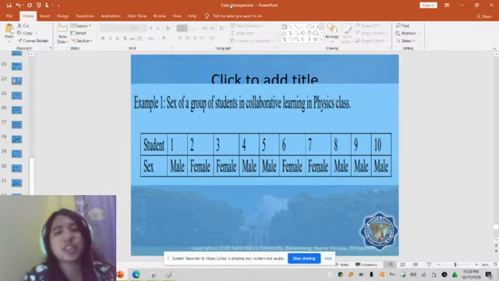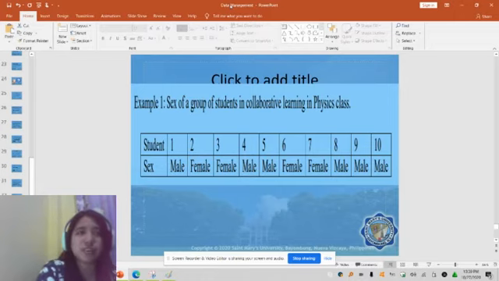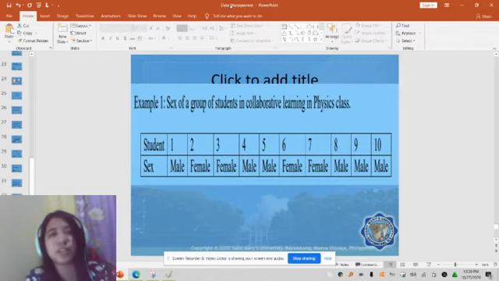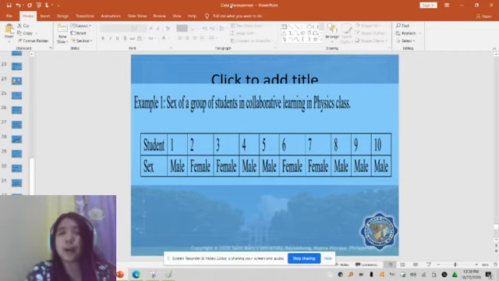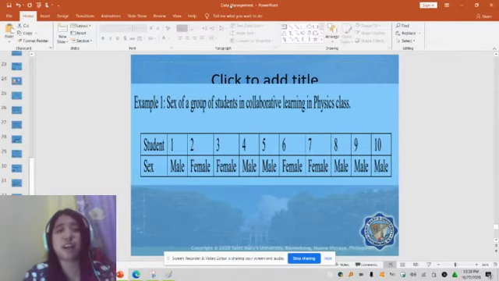Or if you suggest that I arrange it so that the female comes first before the male, because there are more male than female, then the fifth and sixth terms are both male. Do you think that is correct?